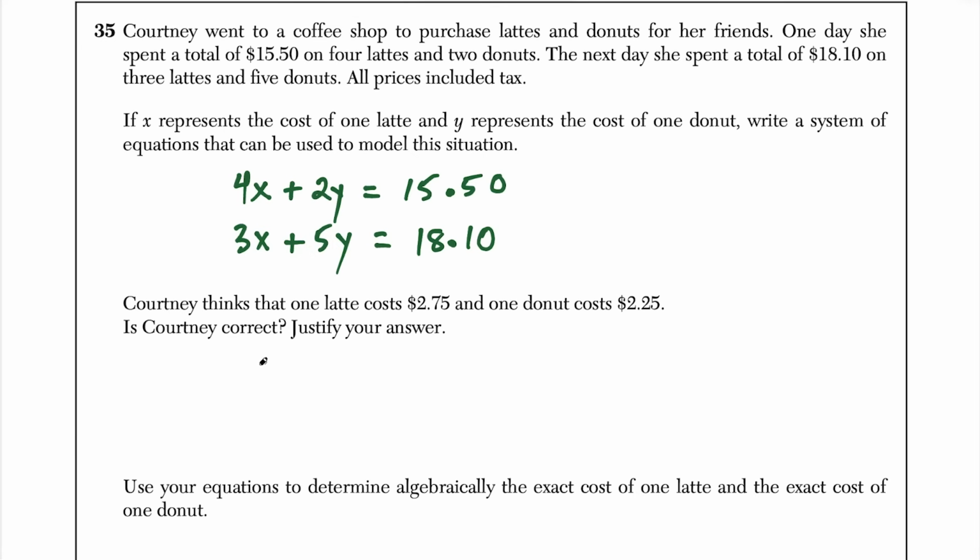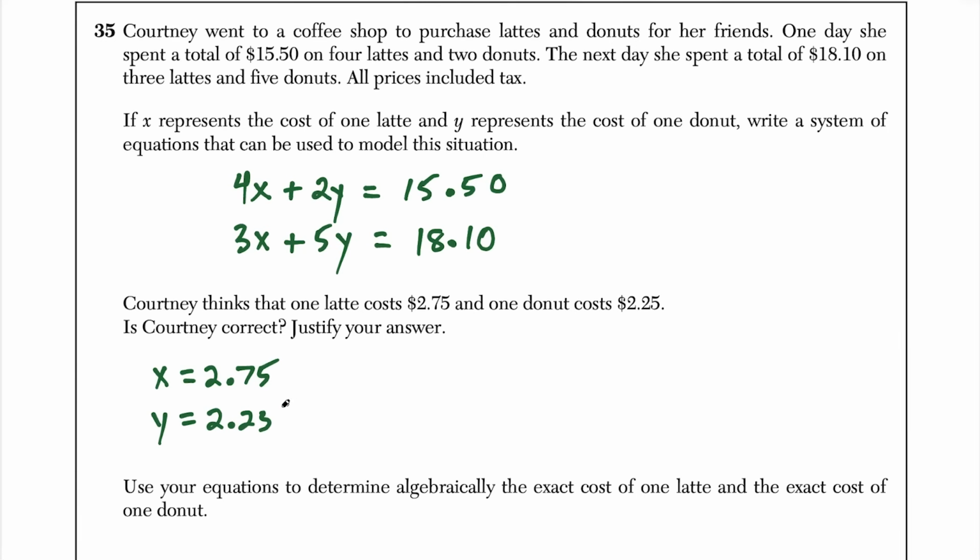But next we have, Courtney thinks that 1 latte costs $2.75 and 1 donut costs $2.25. Is Courtney correct? We have to justify our answer. Courtney would be correct if x equals 2.75 and y equals 2.25 satisfies both of these equations.